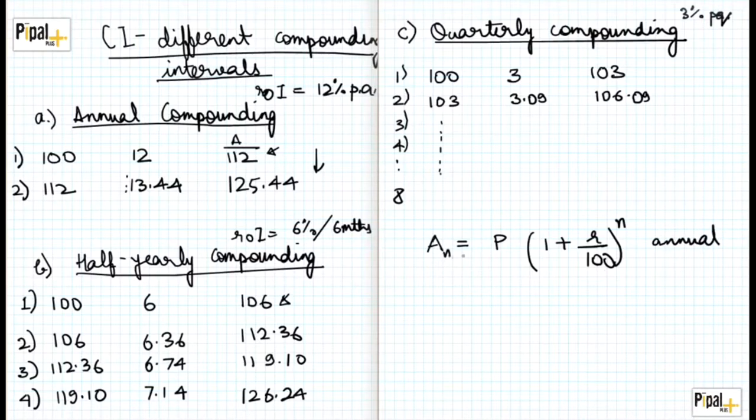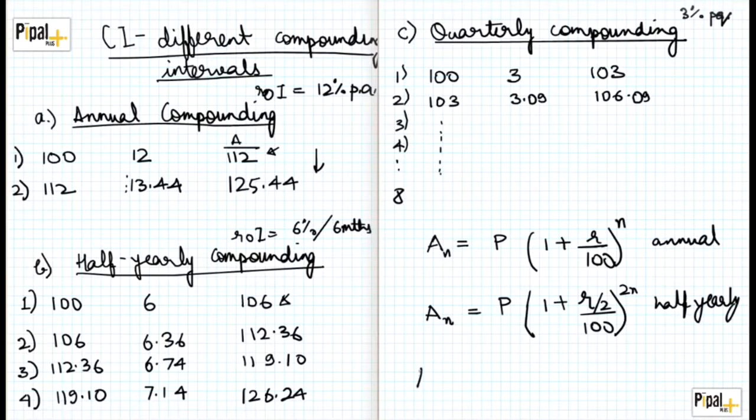However, if we are compounding half yearly, then the amount due at the end of n years is going to be the same principal into 1 plus, now the rate of interest is halved, and the number of time periods for which it is compounded is doubled. This is half yearly. For quarterly, the same principal gets compounded 4 times the number of years, but the rate of interest is 1/4 of the original per annum rate of interest.